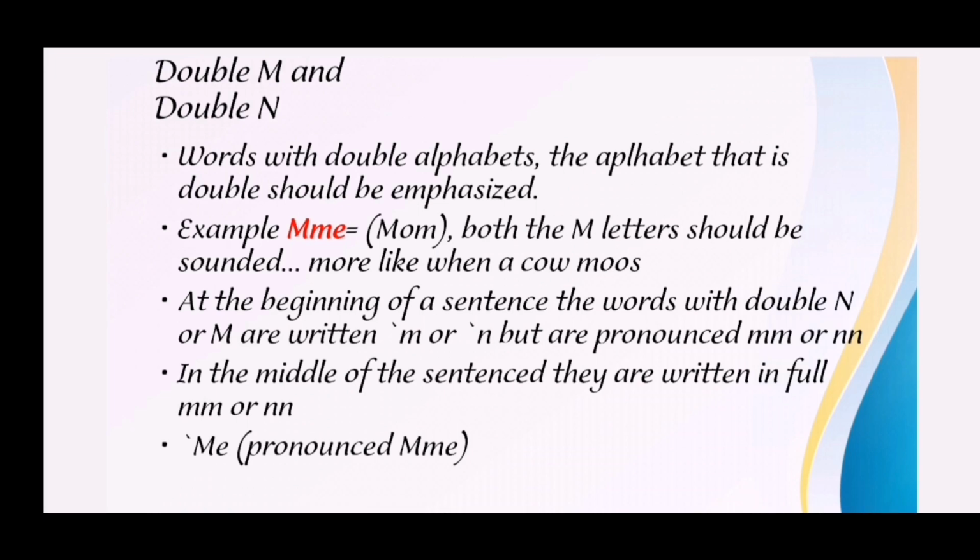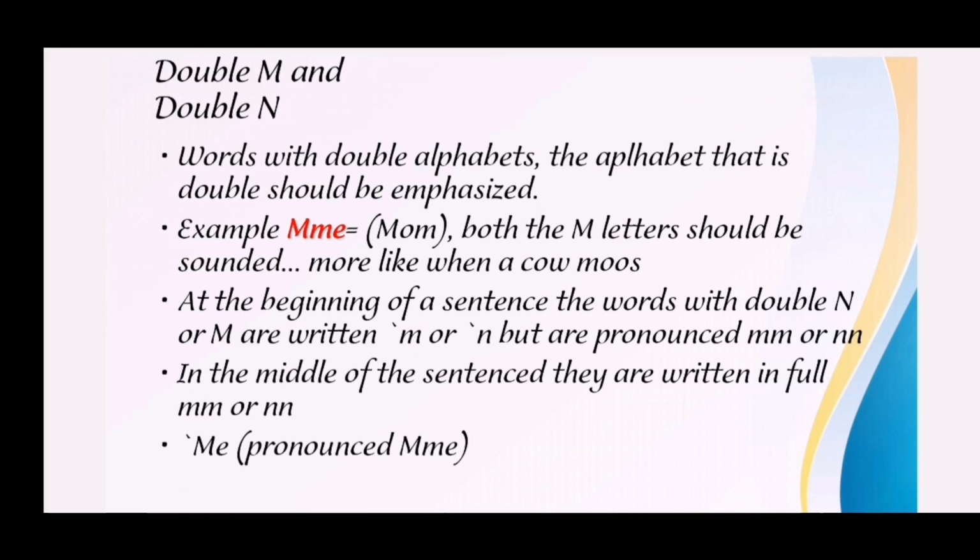So in written Sesotho, at the beginning of a sentence, the words with double N or double M are written with one letter. If it's two M's, you're just going to write one M and put an apostrophe on top, but it is still going to be pronounced as a double M, even though there's one M or N written there.